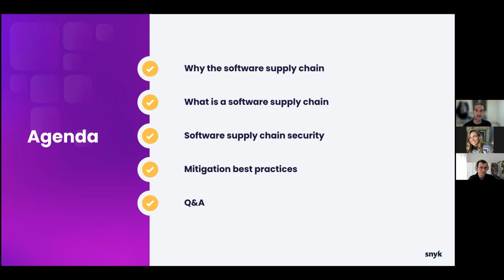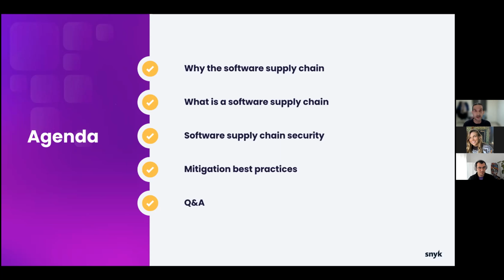So what's changed, right? Next, after we go through that context setting, we'll dive into some actual definitions and we'll try and understand what the term software supply chain actually means. We'll then, of course, look at the security aspect and we'll dive into the actual risk that software supply chains and software supply chain attacks pose to us.